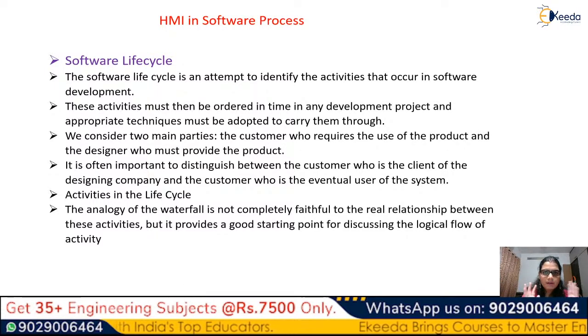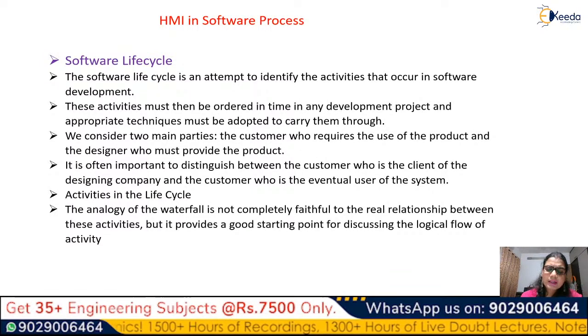Currently I will talk about only software development. In your software development, there are certain activities involved to develop your product. So to develop the product, you need to go through certain processes in that activity.